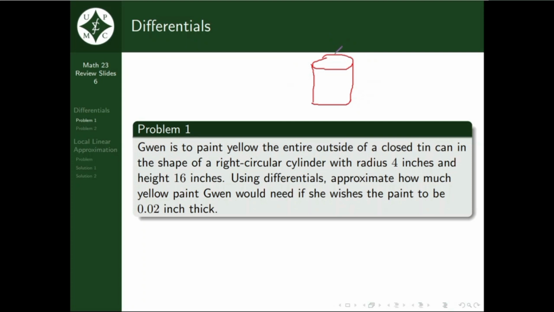So eventually parang mag-attach lang siya sa closed tin can, and then eventually parang dagdag lang siya sa volume natin. So with that in mind, try it on your own then. Make use of differentials and then yung concepts natin from the lecture to find how much yellow paint Gwen would need to satisfy yung conditions na gusto niya from the problem.